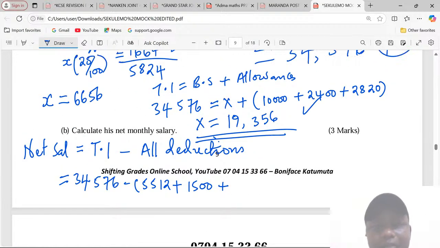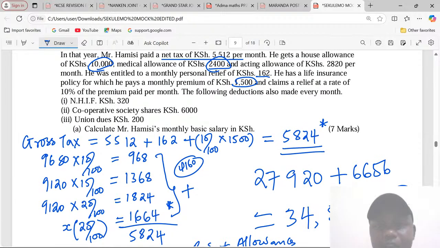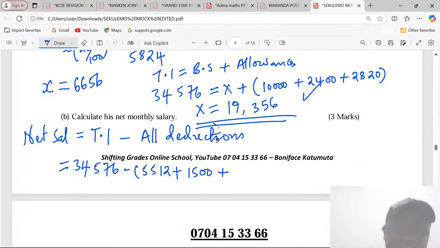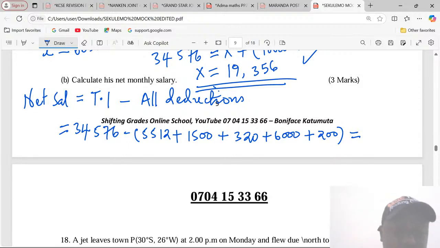Let's check whether there are other deductions. Yeah, the following deductions are also made: 320 and 6,200.